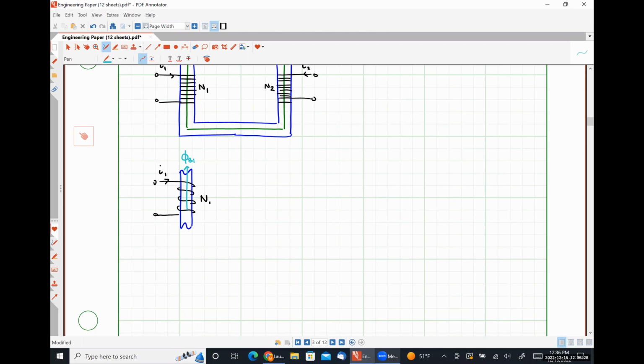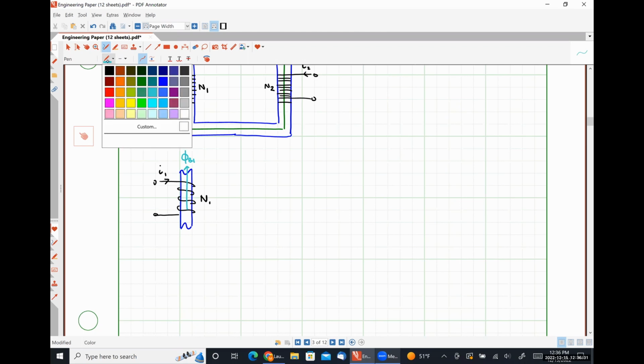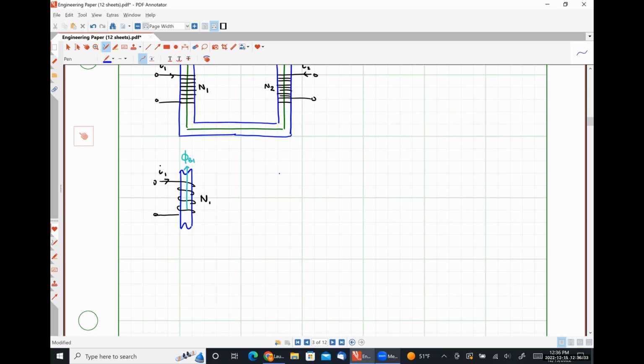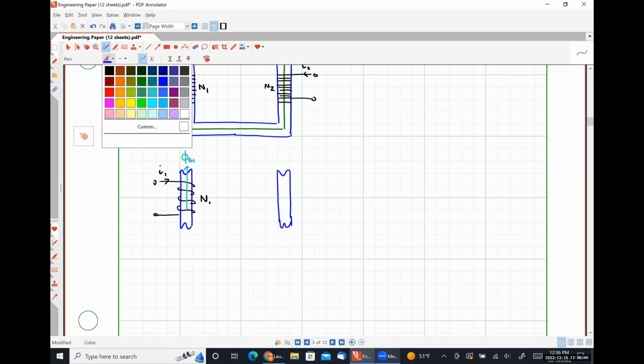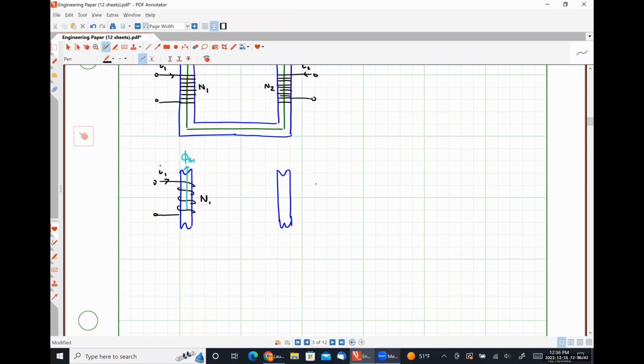Now, if I draw a section of the core that we see over on the right-hand side, and I wrap my wire around it, this is I2.